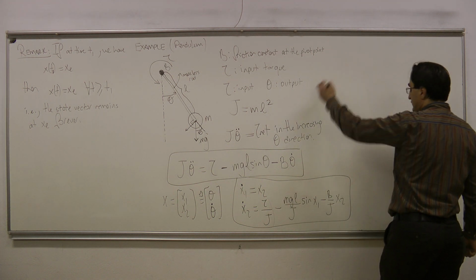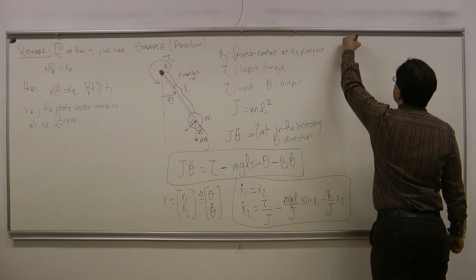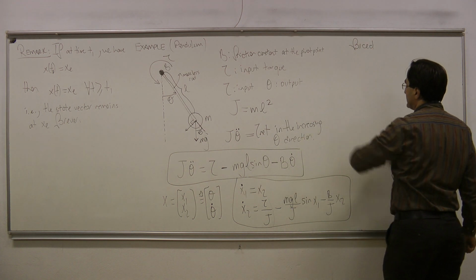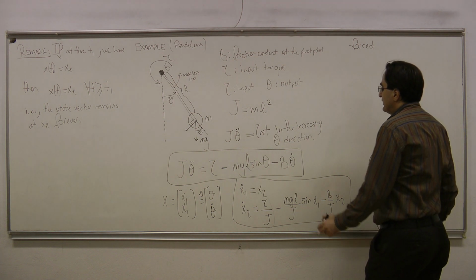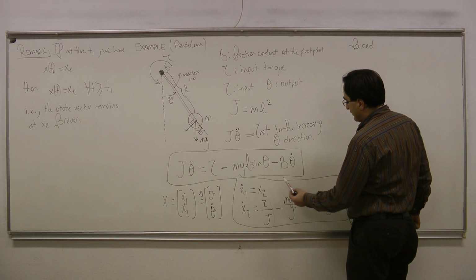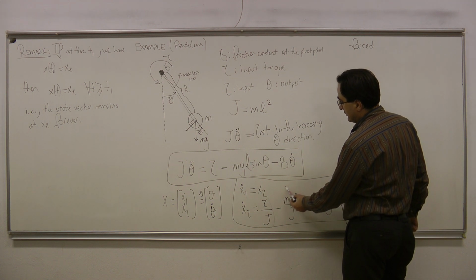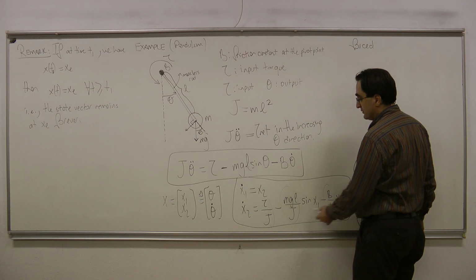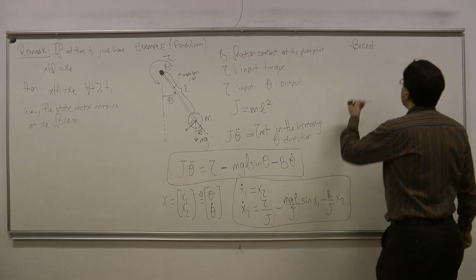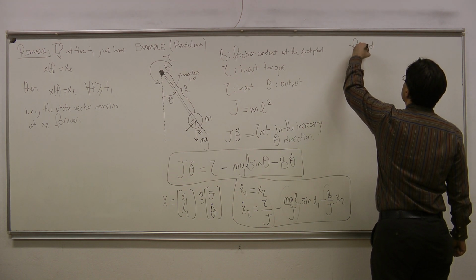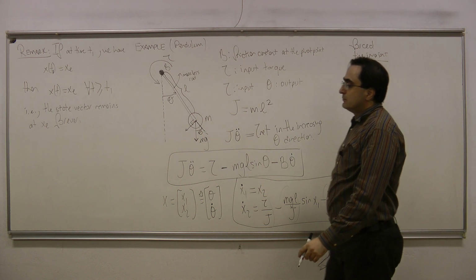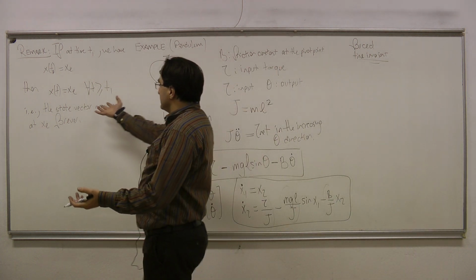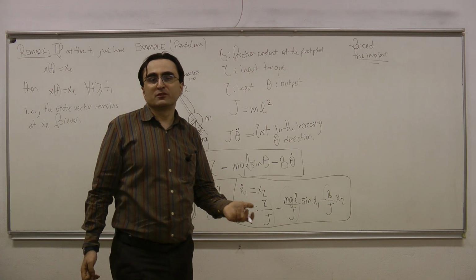So this state space representation is definitely a forced state space representation. And we see that there is no explicit time dependence here. All of these coefficients are constant. So it is a time invariant system.